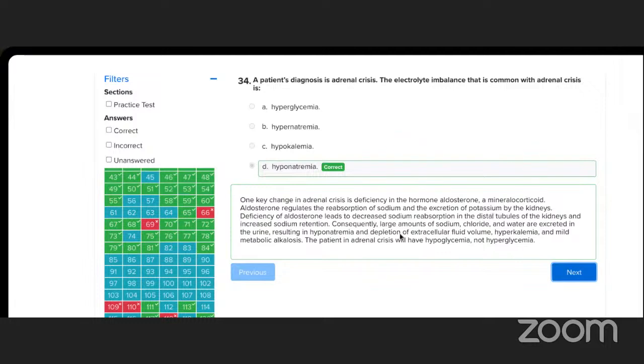Consequently, large amounts of sodium chloride and water are excreted in the urine, resulting in hyponatremia. The patient in adrenal crisis will also have hypoglycemia. So make a note also that this patient will also have low sugar, low glucose.